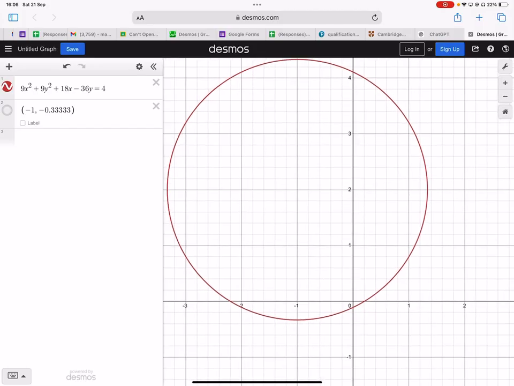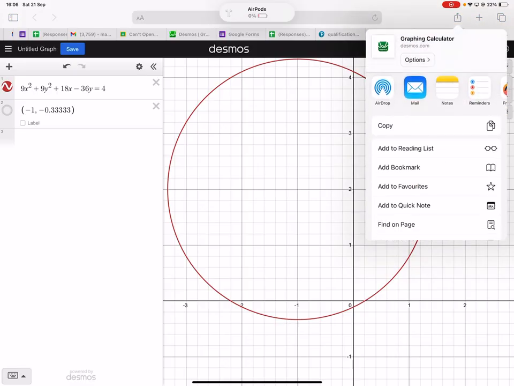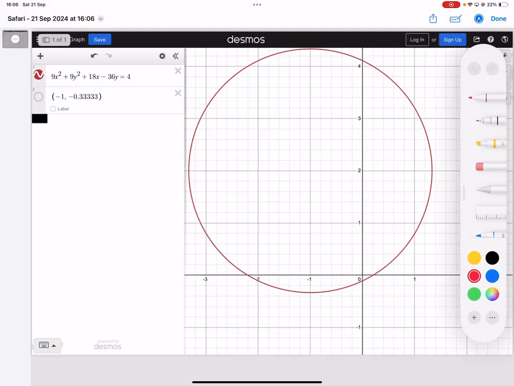Did you find the center? This is the center, minus 1 and 2. From this, you can go right, left, wherever you want to go. Let's say we go right, horizontally. What's this point?